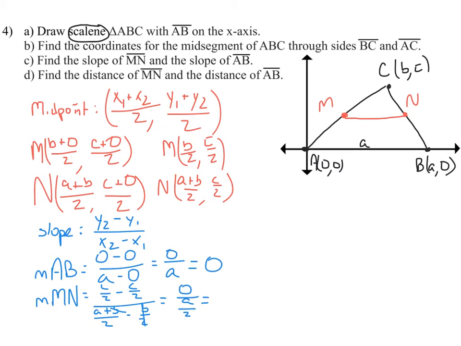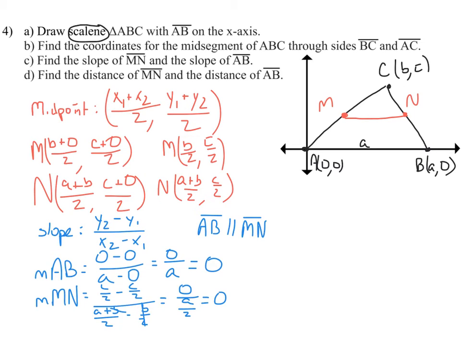But again, it doesn't matter. We have a certain number on the bottom that's not 0, so 0 out of something is 0. So the slopes of these are both 0. And that should make sense. We drew them so that they would both be horizontal. And so we can make a determination here that AB is parallel to MN because they have the same slope.